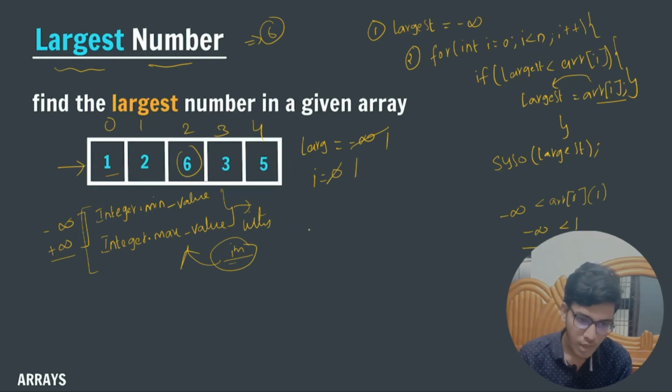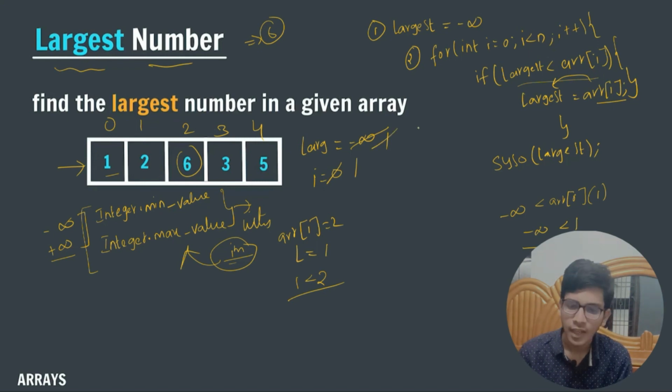Now arr[1] is 2 and largest is 1. So I can say that 1 is less than 2. Again the condition is true, so largest will become 2 and i will be incremented. After that arr[2] is 6 and largest is 2.